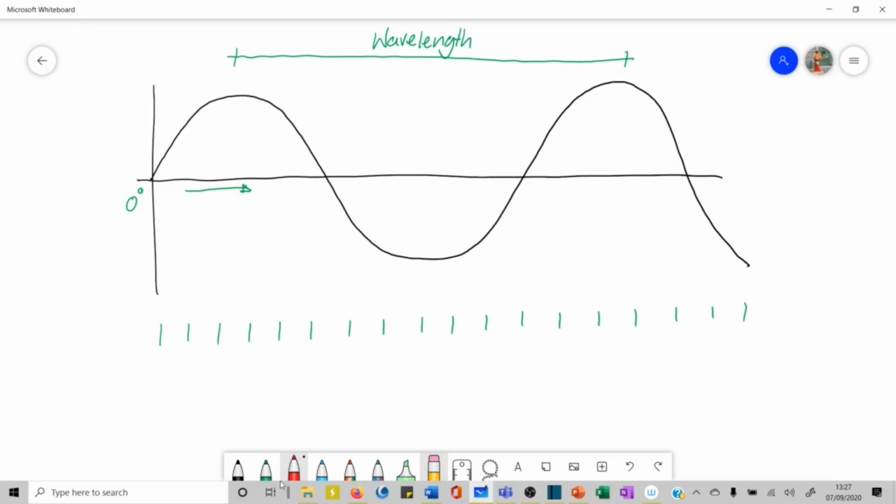But it is 360 degrees. So if we say this is 90 degrees, that's 180 degrees, then this must be 270, and then we get to 360 degrees. What the 360 degrees means is that's the full wavelength. It's gone through its full cycle.